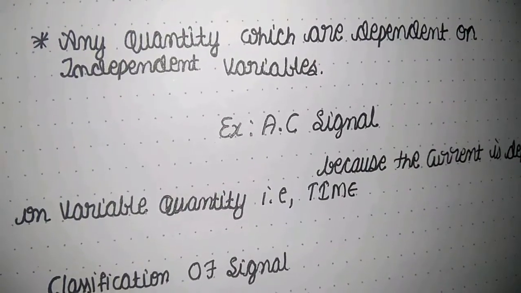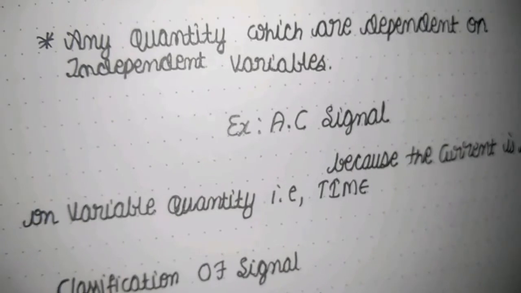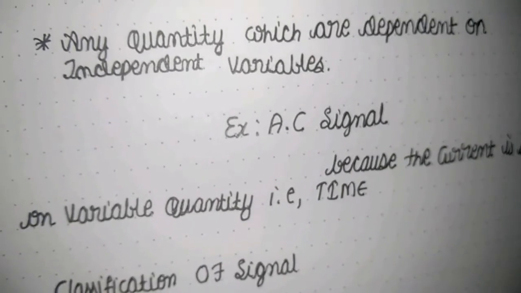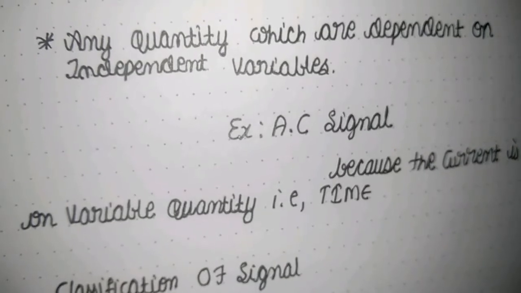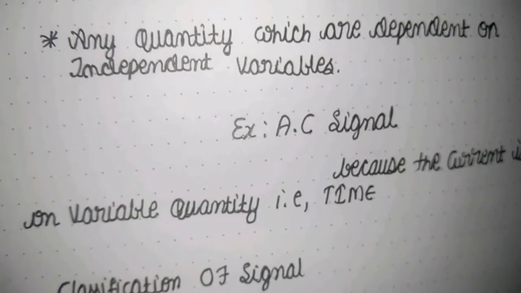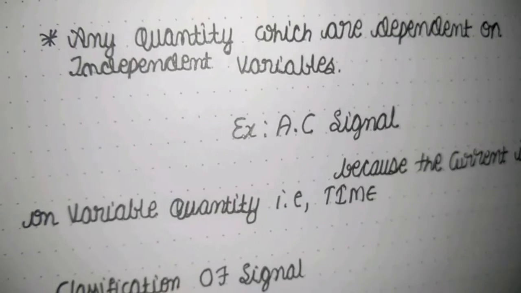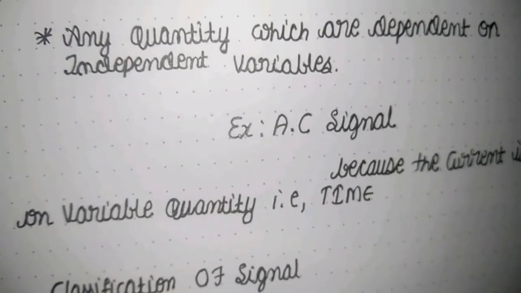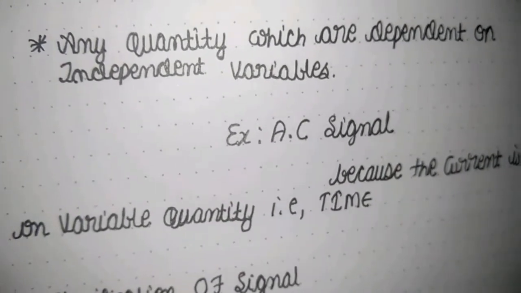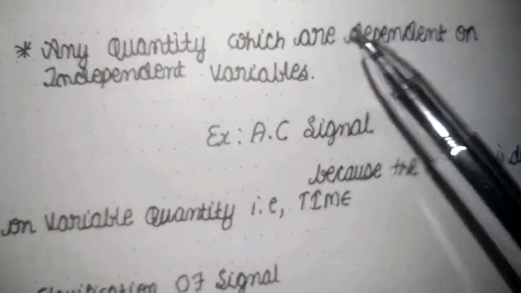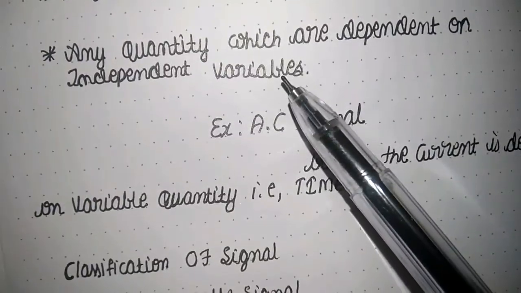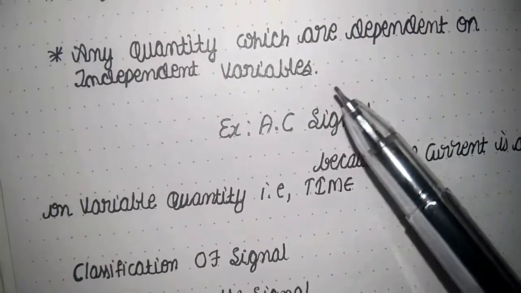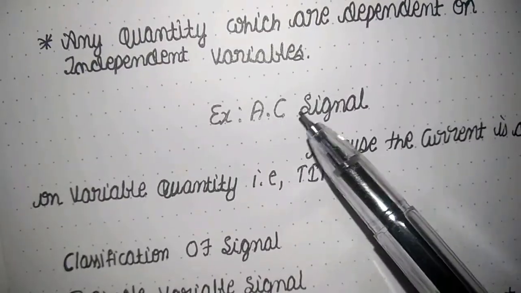Friends, next the question naturally arises: how can we distinguish between a signal and something which is not a signal? The explanation is very simple. Any quantity which depends on independent variables is a signal. A common example is the alternating current signal.